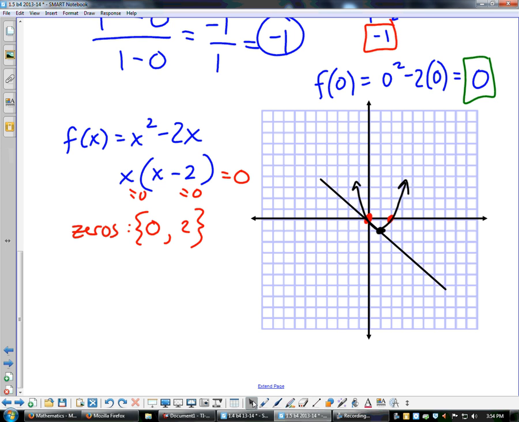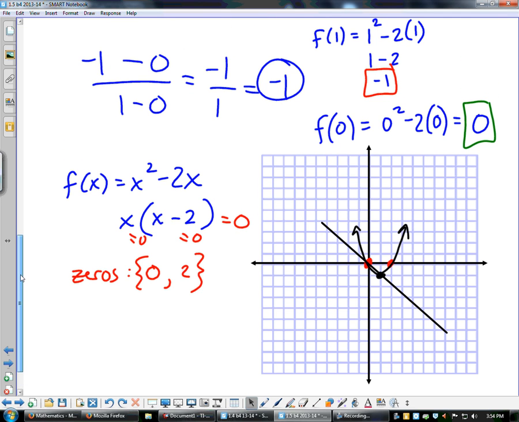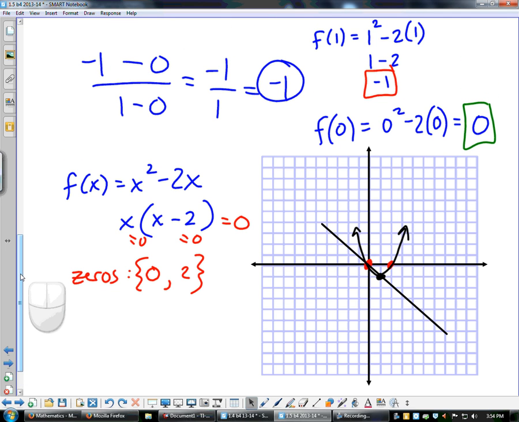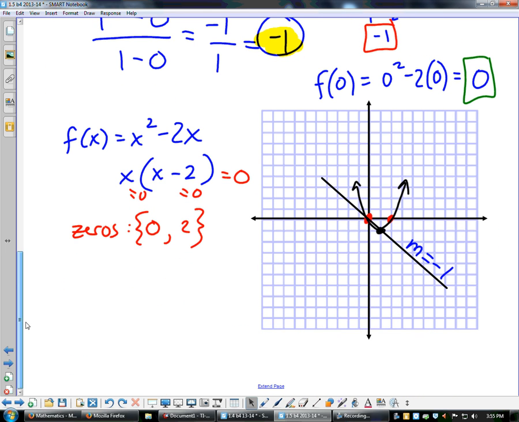And the slope of that line, as we can see, going through 0, 0, and 1, negative 1, is equal to negative 1. I hope that makes sense. We found the slope of the secant line, and that's the average rate of change of the function between x equals 0 and x equals 1.